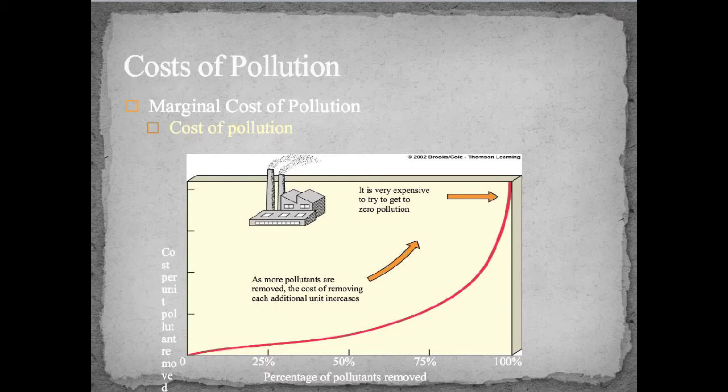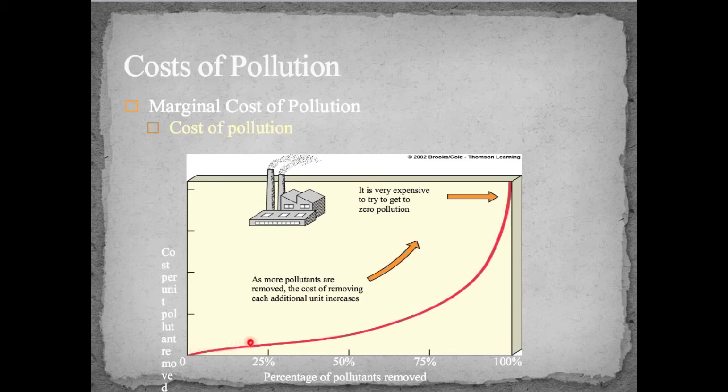Alright, in this chapter you're going to have to know and be able to understand and interpret a couple graphs. The first one is the marginal cost of pollution, which is basically the cost of pollution. The marginal cost of pollution shows that as levels of pollution rise, the social costs in terms of human health and damage to the environment increase sharply.